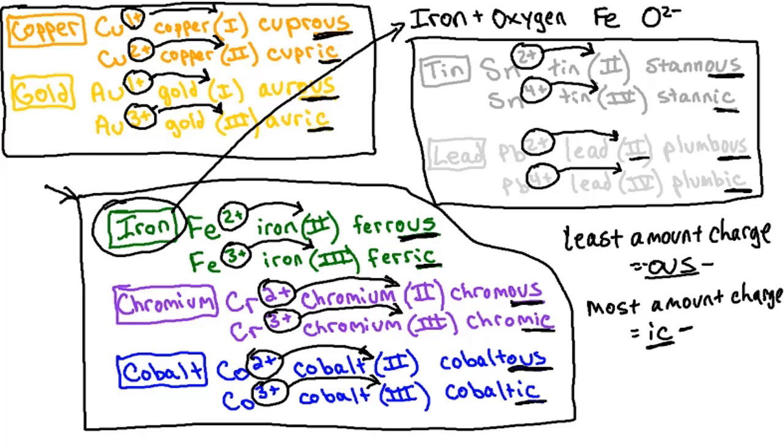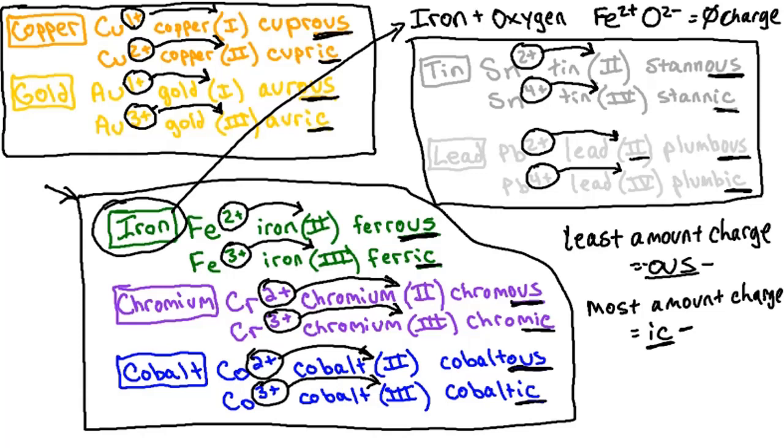Whatever the charge is for iron, we want it to cancel out the charge for oxygen because we want it to have no charge when we add them together. So obviously we're going to use the iron with a 2+ charge, with the oxygen with a 2- charge, so that ends up adding up to be equal to 0.